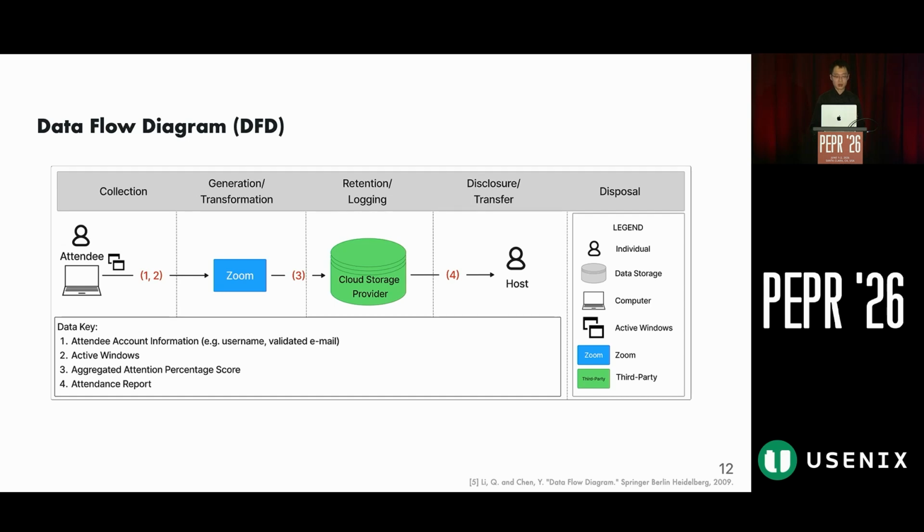Zoom first collects information from the attendee, then sends the data to the cloud server and shares the information with the host. However, we found that this type of diagram is mainly general purpose and does not cover the necessary privacy-related details behind this data flow.